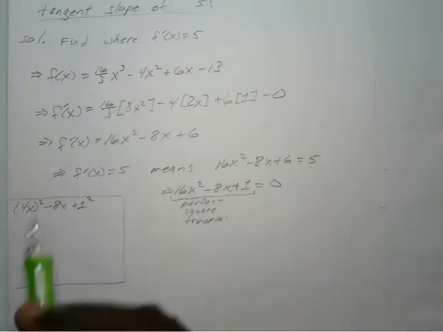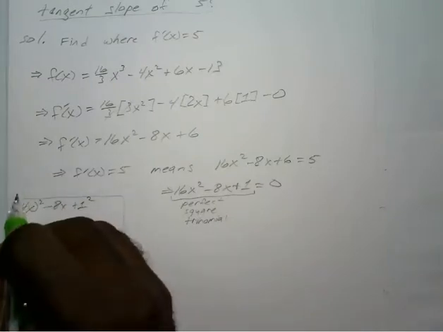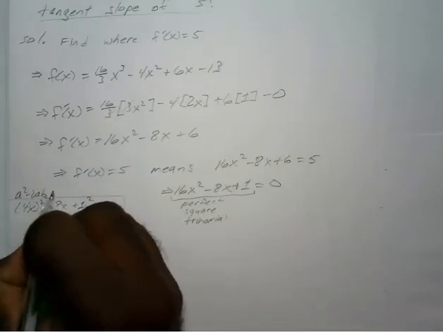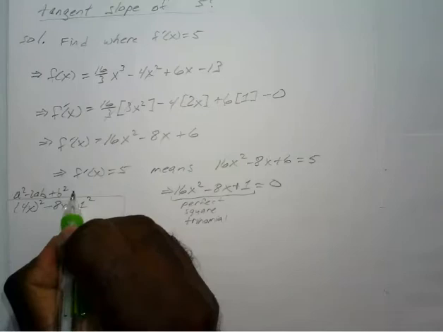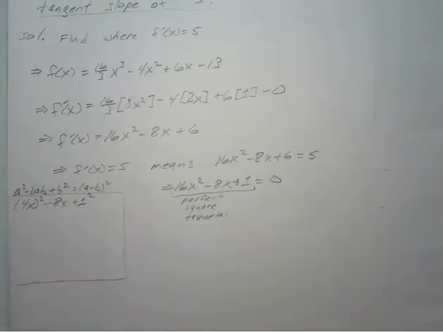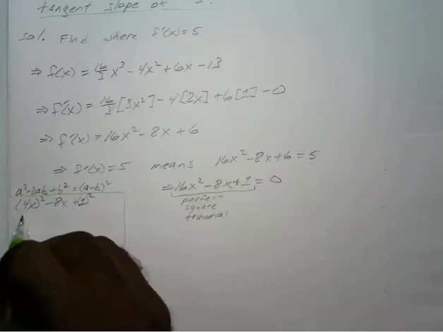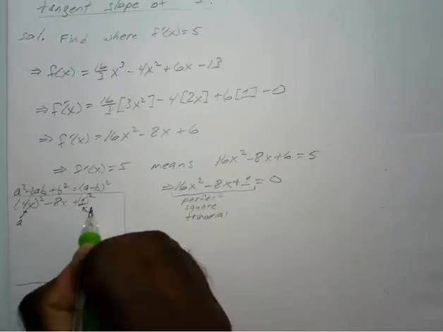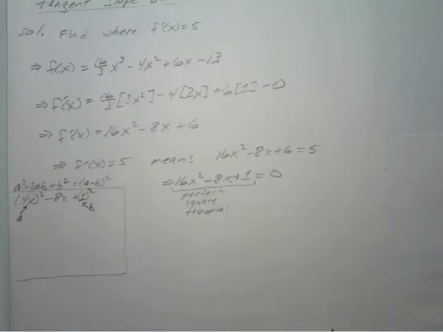Okay, so perfect square trinomial is a squared minus 2ab plus b squared equals a minus b squared. So our a is equal to 4x and our b is equal to 1.